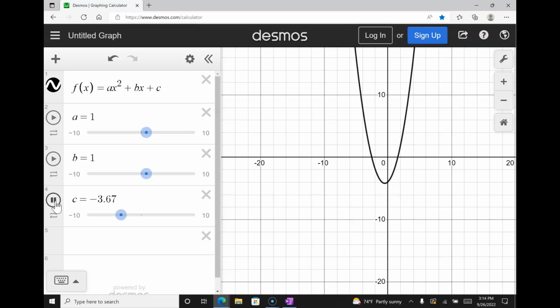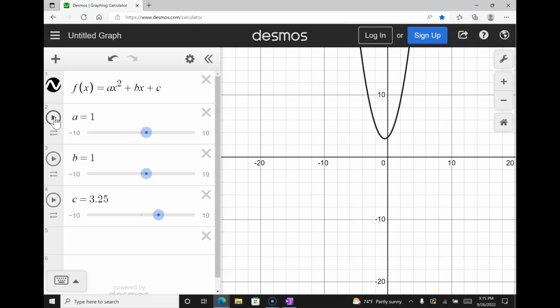It's just moving the whole thing up or down, right? And you can see that c value is outside, plus c, right? So plus c means c is 3, move it up 3. C is negative 5, move it down 5. Right? A is interesting too. If I change A, it's my stretch and compression piece.